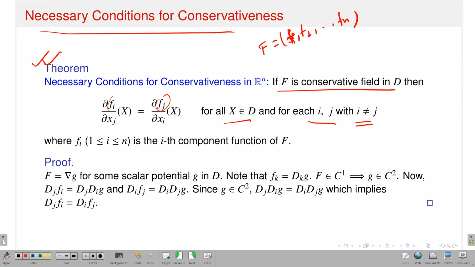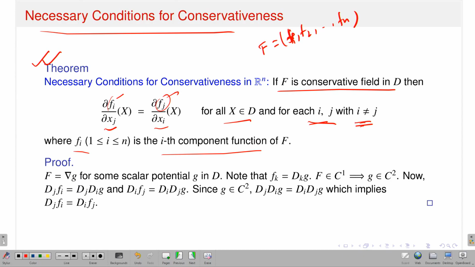The necessary condition says that the partial derivative of fi with respect to xj at the point x is the same as the partial derivative of fj with respect to xi. Whenever I consider fi, I take the partial derivative with respect to xj, and when I consider fj, I take the partial derivative with respect to xi. This should be true for each i and j with i not equal to j, where fi is the ith component function of capital F.